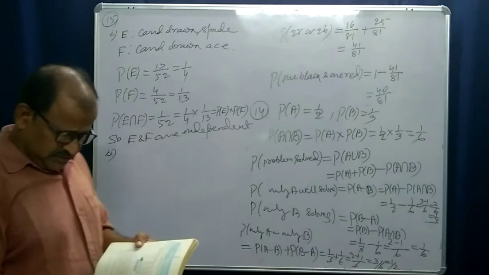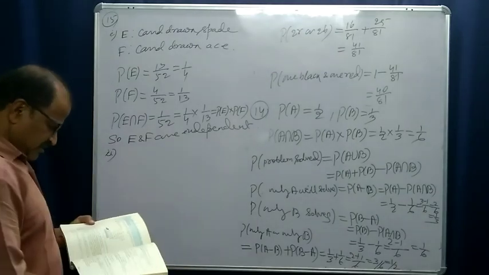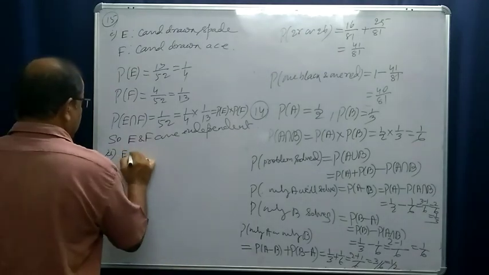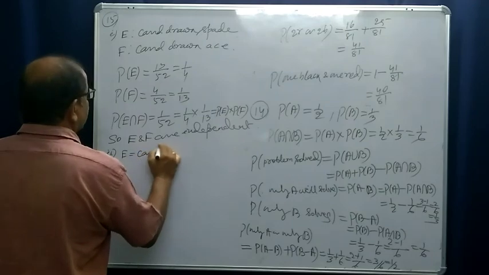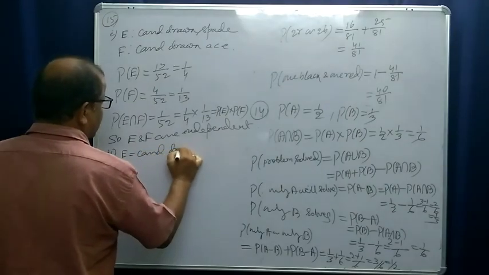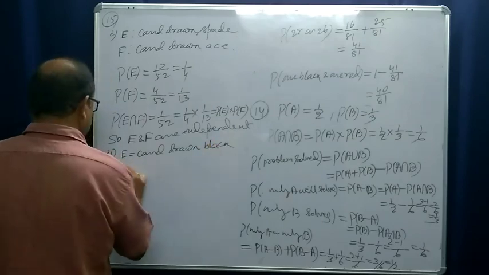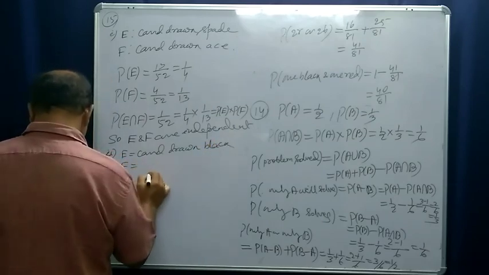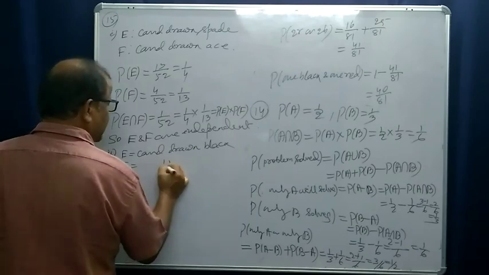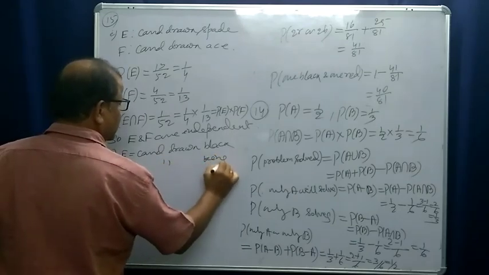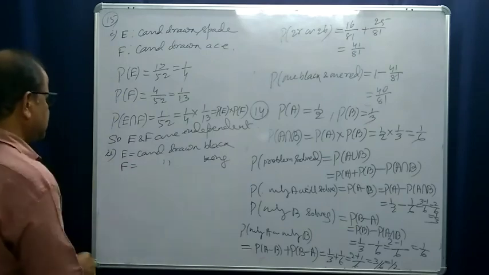Similarly, let us test case 2. E, card drawn is black. F, card drawn is a king.